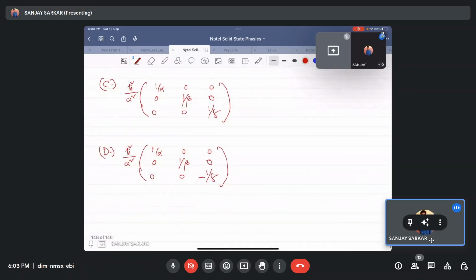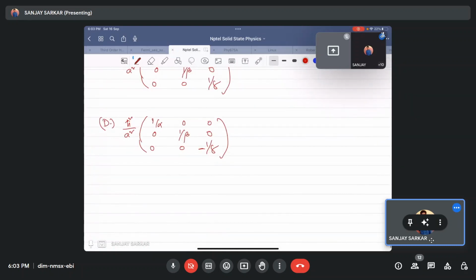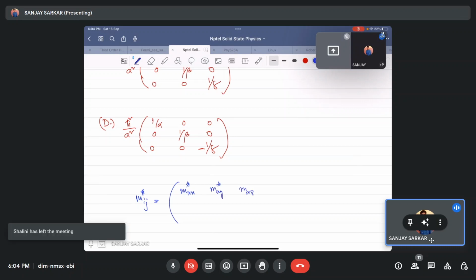So then we will finish with the effective mass problem. So effective mass is basically a tensor. So in this effective mass tensor, for your convenience I will write the tensor here. In the tensor form it is mxx star, mxy star, mxz star.